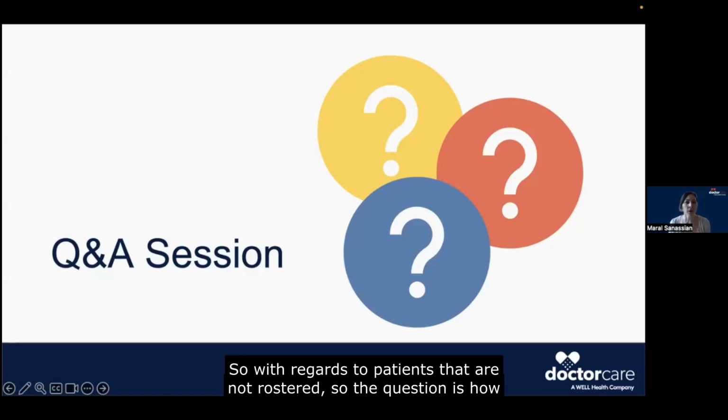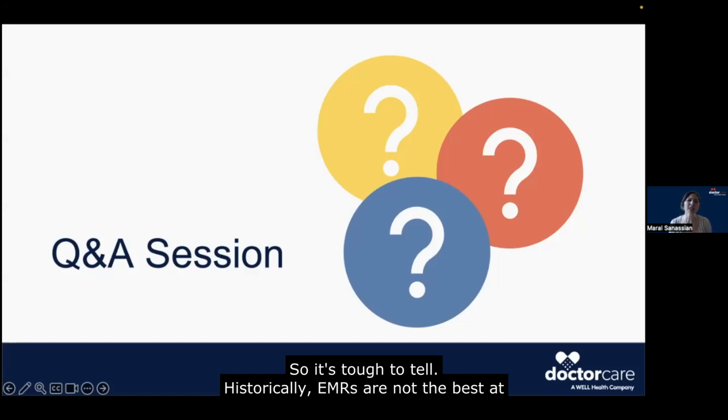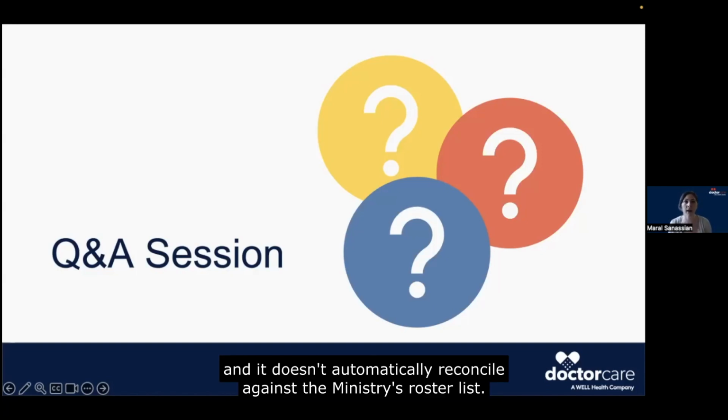With regards to patients that are not rostered, the question is, how can I check to see how many patients I'm seeing that are not rostered? It's tough to tell. Historically, EMRs are not the best at telling you clearly who the patients are that are on your roster, and it doesn't automatically reconcile against the ministry's roster list.